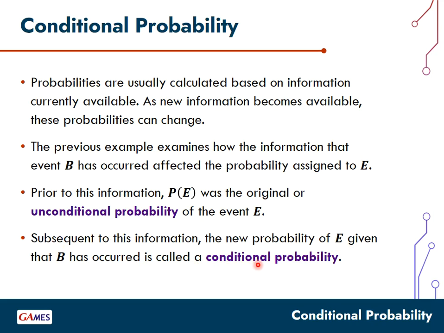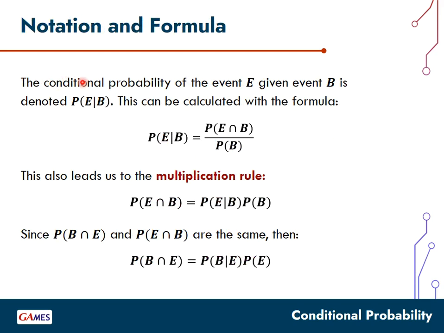So it is conditioned on that information, so it is conditional probability. We need notation now to describe that. The conditional probability of the event E given event B is denoted with this. So this vertical bar here is your "given": probability of E given B.